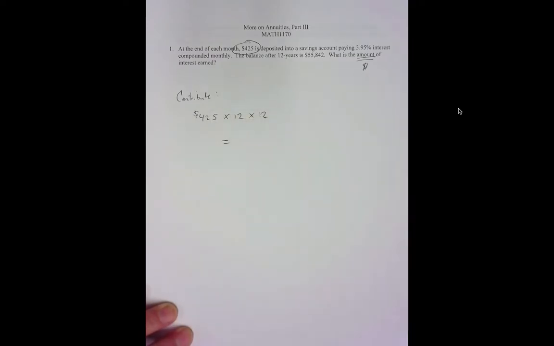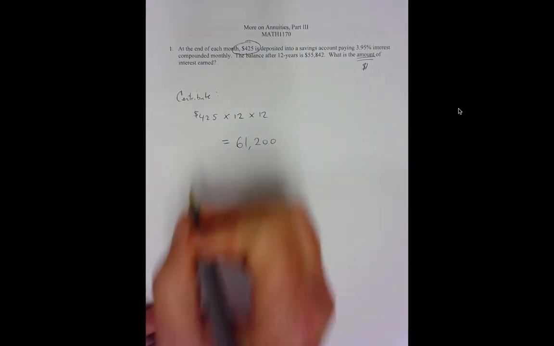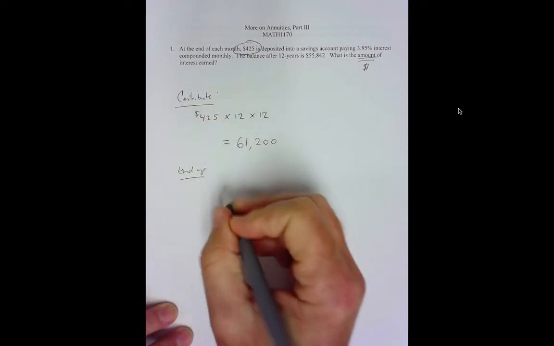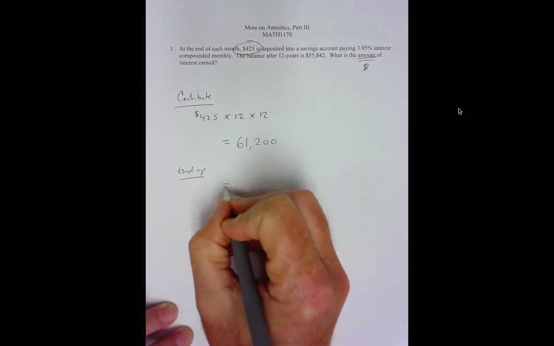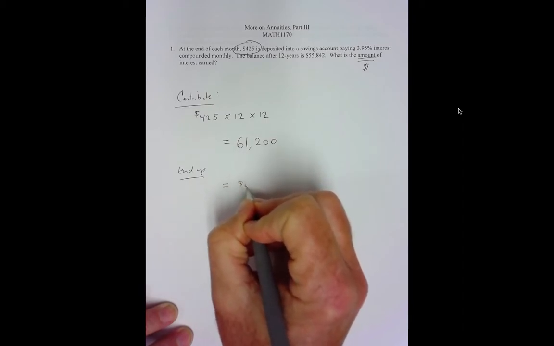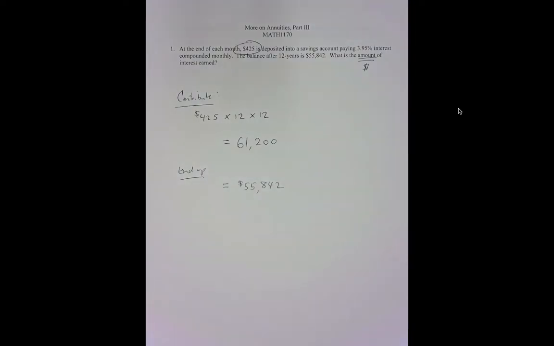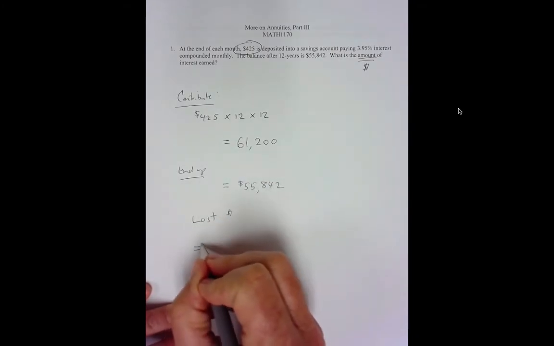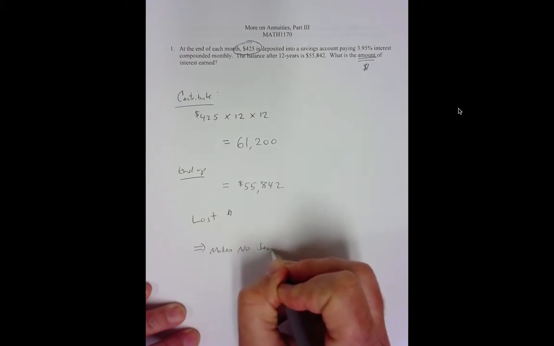So you get 61,200. You end up with $55,842. So you actually lost money. This problem makes no sense.